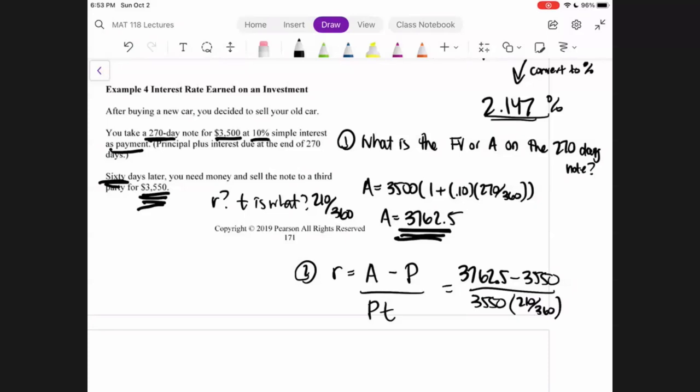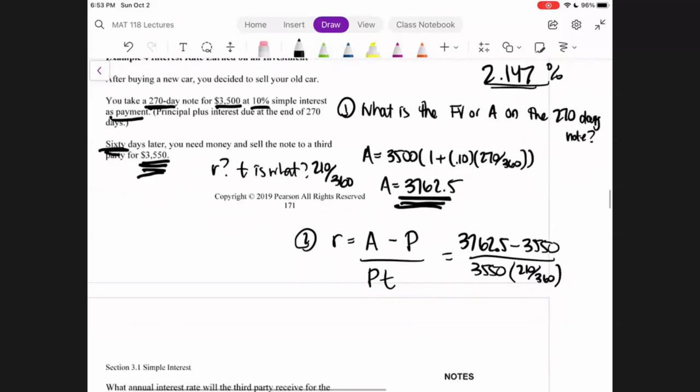Right. So I'm just going to compute what this is. Right. So on top, I get 212.5. On the bottom, I get 0.583 repeating. So I'm going to divide these two.